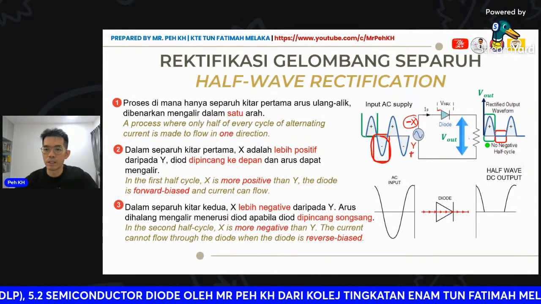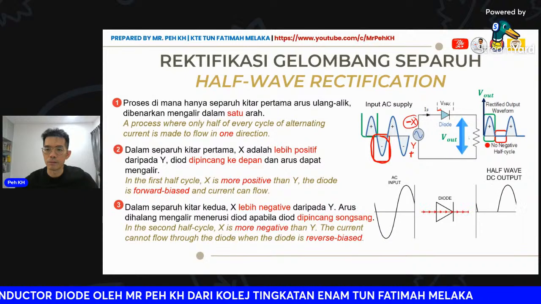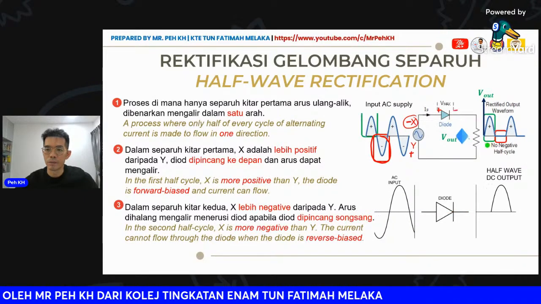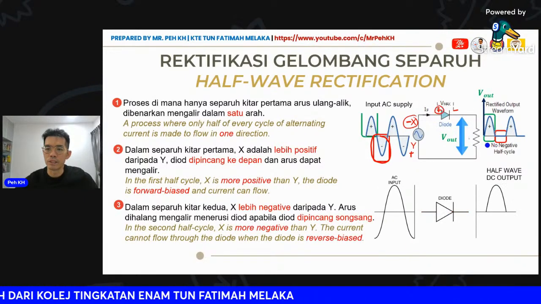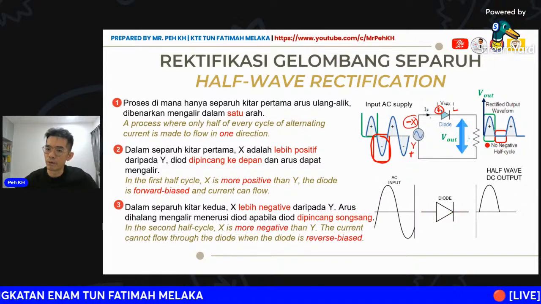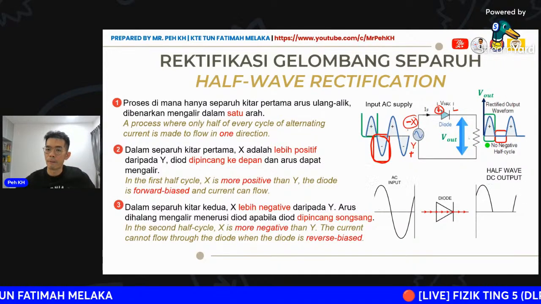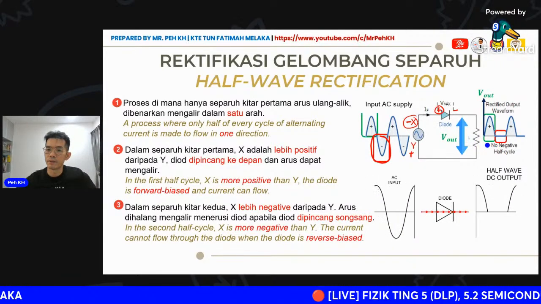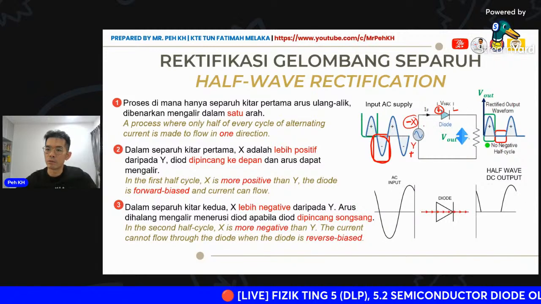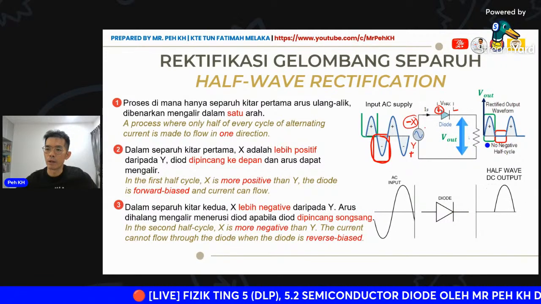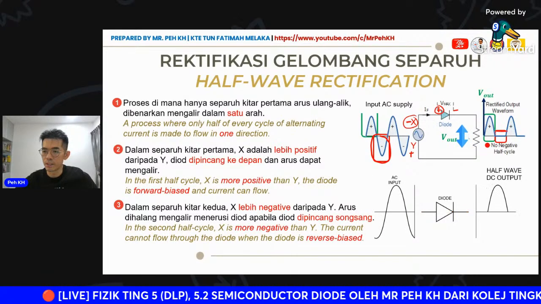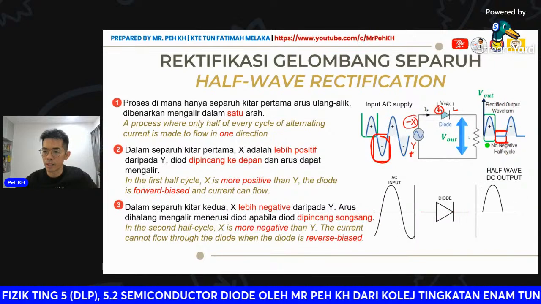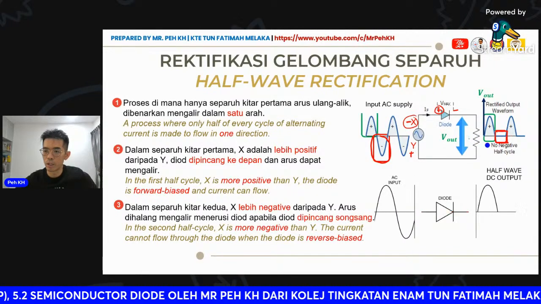Now you see the positive terminal of the diode is connected with the negative terminal of the source. So here the current is not able to flow through. You can see no current flows, so the output will be 0.